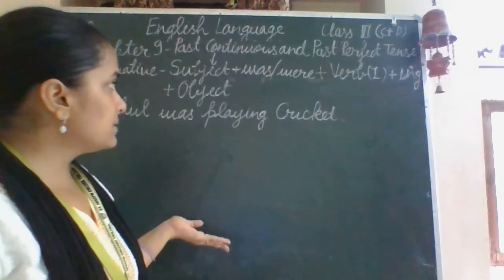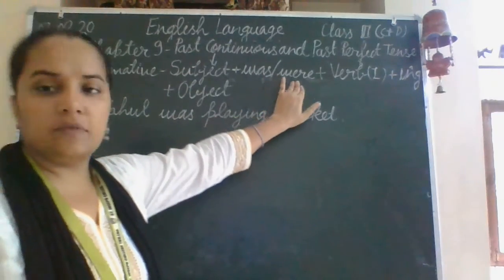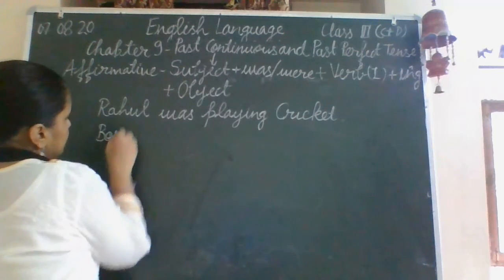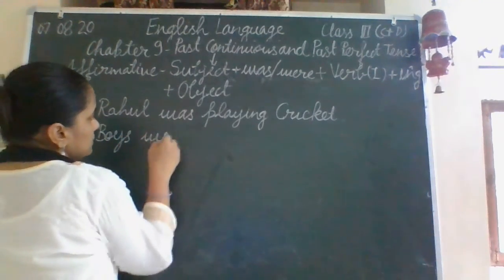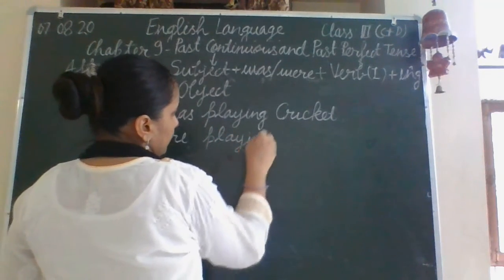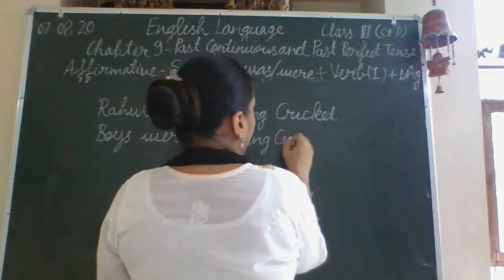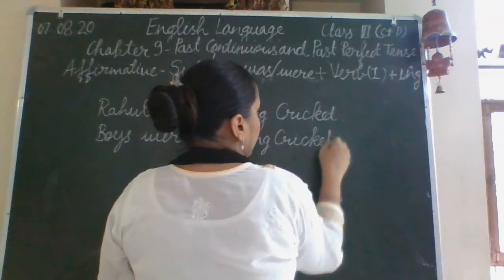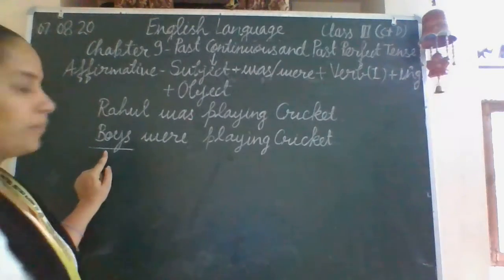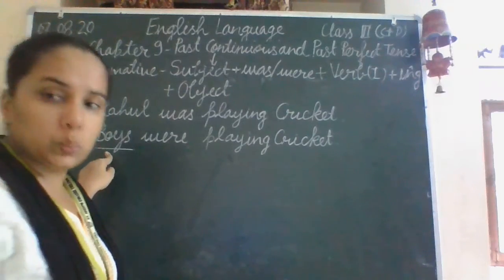Now let's take another example where we will use were. Let's take the same example. Boys were playing cricket. Here I have used the subject boys, meaning more than one.